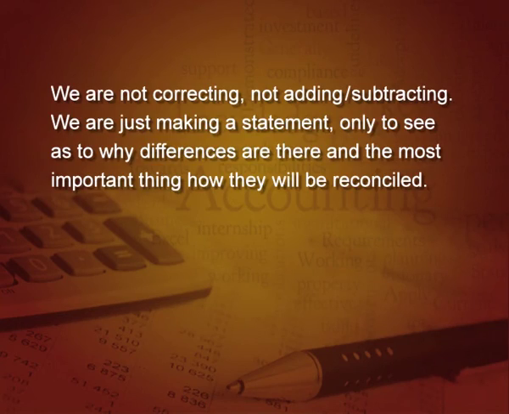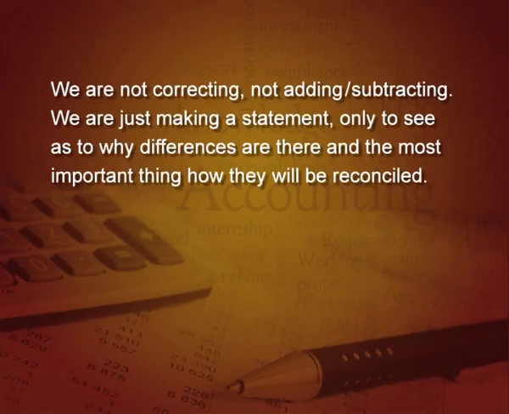We are just making a statement only to see as to why differences are there, and the most important thing is how they will be reconciled. Reconciled means only reconciled, not corrected. Please, you cannot go to the cash book and correct, you cannot go in the passbook and correct. You are just trying to make a statement and try to find out the differences, why they are there and how they can be reconciled.